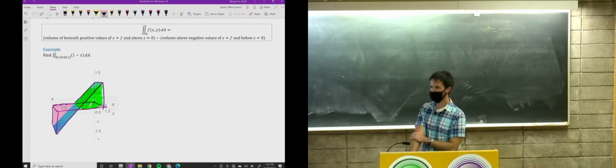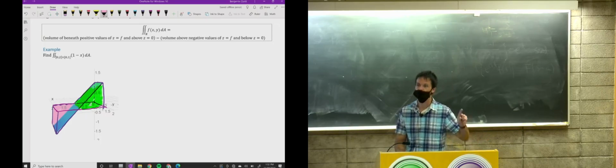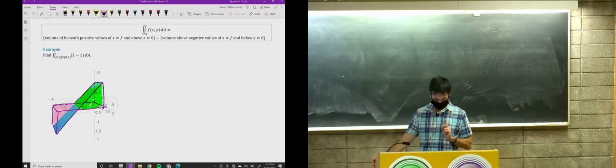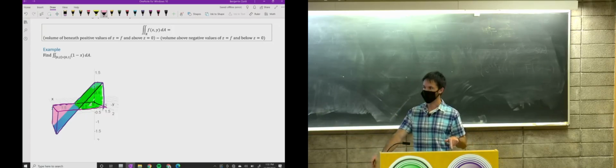What are the volumes of those two pieces? By the way, volume is always positive. Signed volume can be negative or positive or zero. What are the volumes of those two pieces?